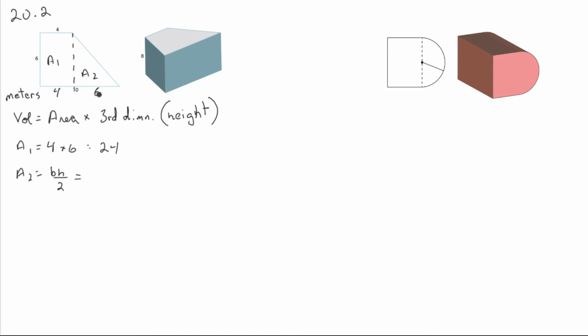So we have 6 by 6 because we can transfer this over. So 6 by 6 divided by 2. So 6 times 6 divided by 2. That's going to be 36 divided by 2. That's going to be 18. And this is meters squared.